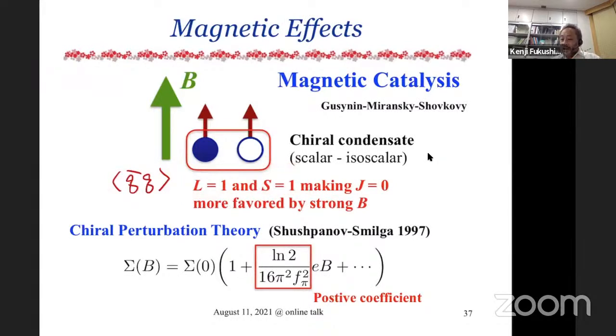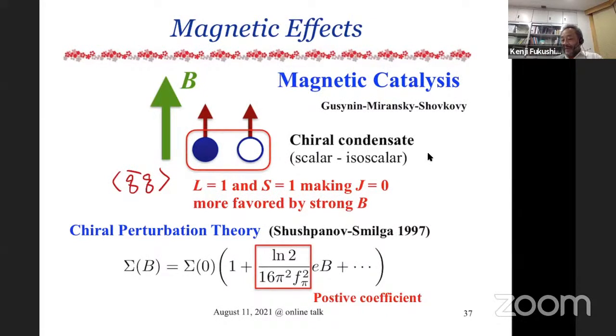This is necessary because otherwise you get the pseudoscalar. The particle and the antiparticle have opposite intrinsic parity, right? And so the relative orbital angular momentum must be 1 to compensate for the opposite intrinsic parity.